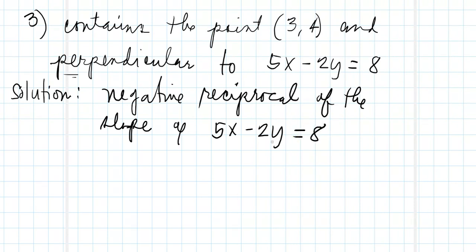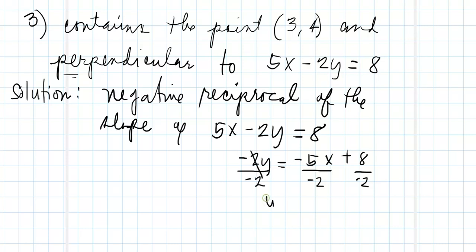To get the slope, negative 2y is equal to negative 5x plus 8. We divide both sides by negative 2.